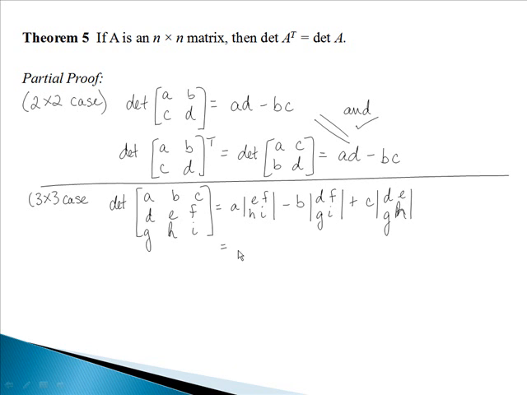And when we work this out, we'll have A times (EI minus FH) minus B times (DI minus GF) plus C times (DH minus GE).